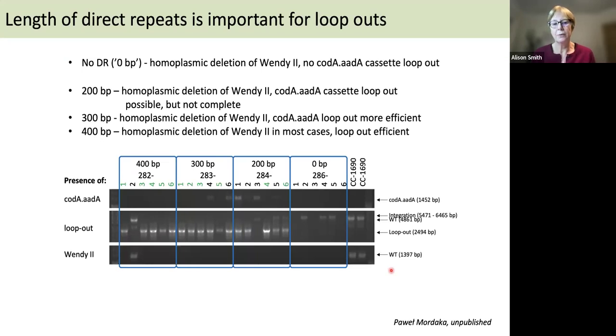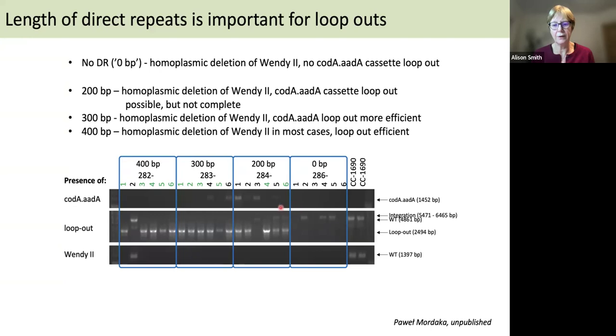If we have sequences that are 200, 300 or 400 bases, then we do get loop out. But as the length increases, it's much more efficient. The way we test for this is doing PCR using primers across the different sequences. You can see here the presence of the selectable marker.